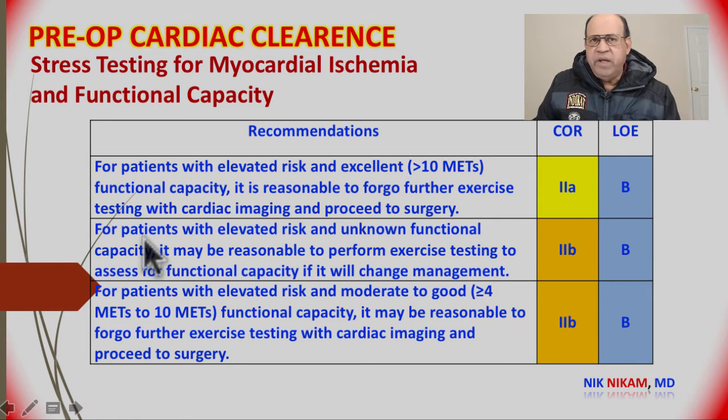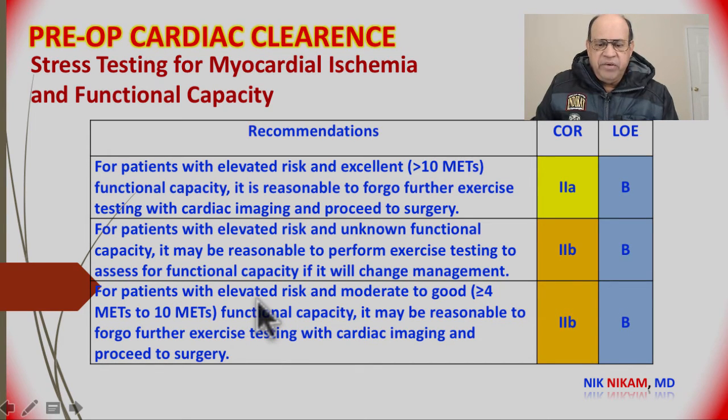In patients with elevated risk or unknown functional capacity, it is reasonable to perform exercise testing to evaluate their functional capacity and also look for any evidence of myocardial ischemia, which will help us to manage these patients preoperatively so that we don't have to deal with cardiovascular events in the perioperative phase.